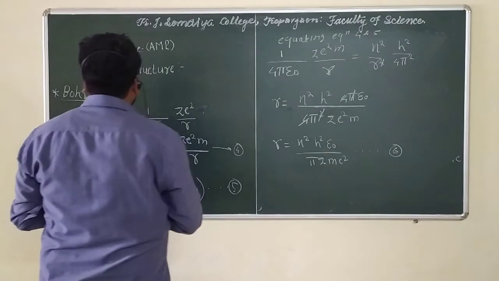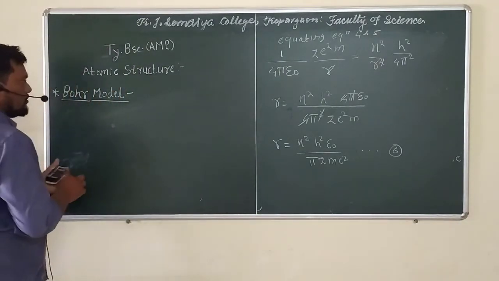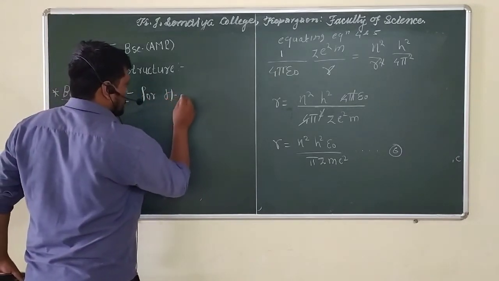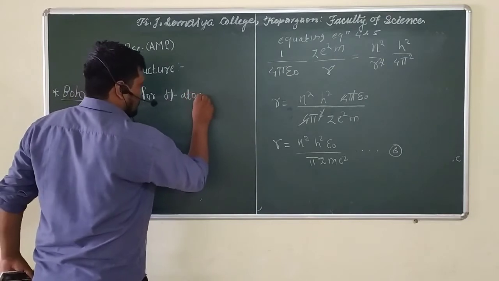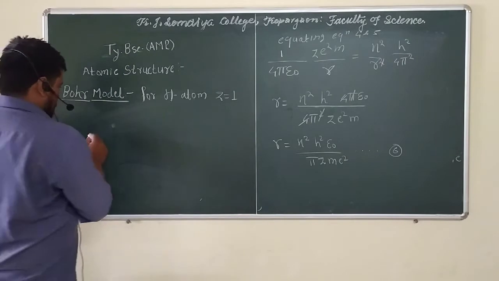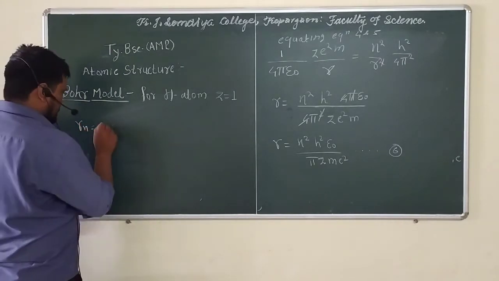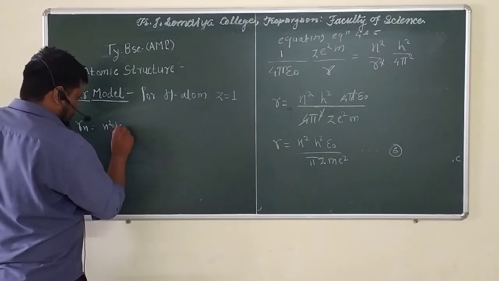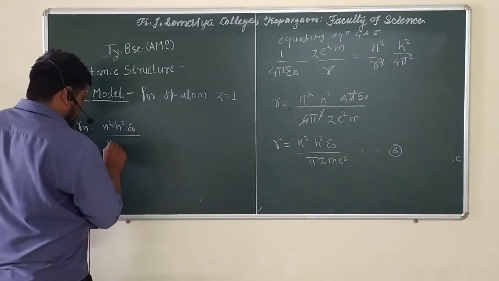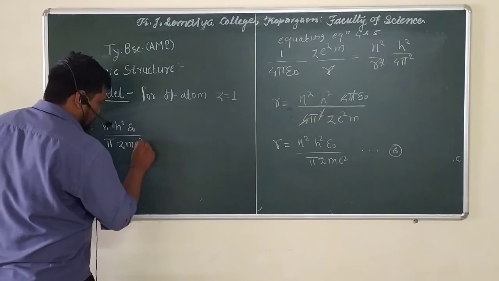So the value of r for the nth orbit is n square h square epsilon naught divided by pi z m e square.